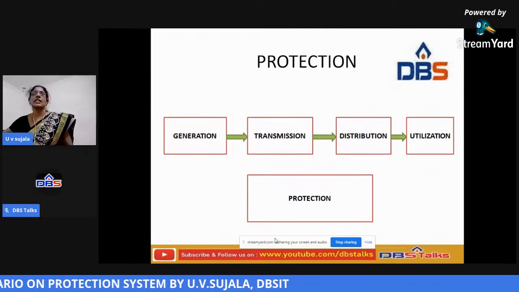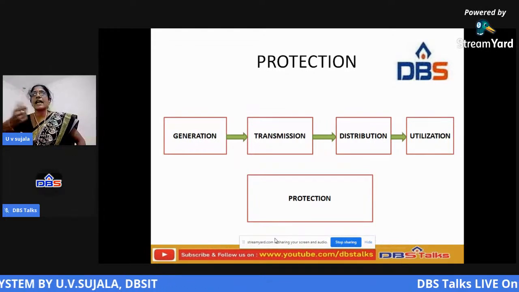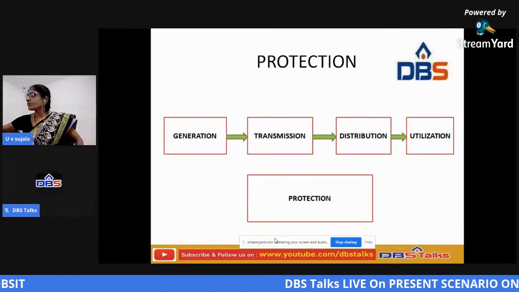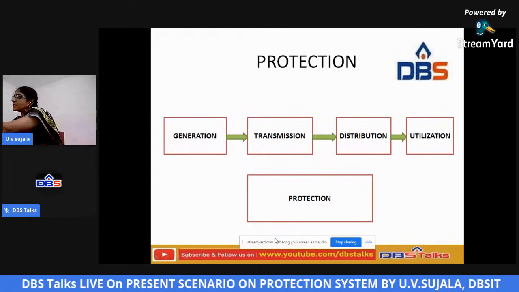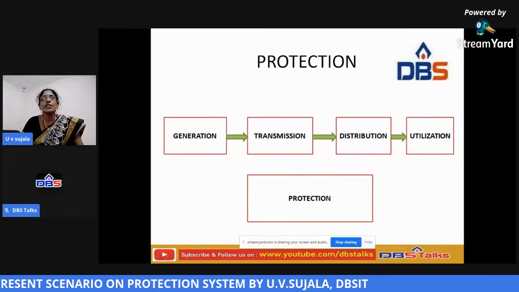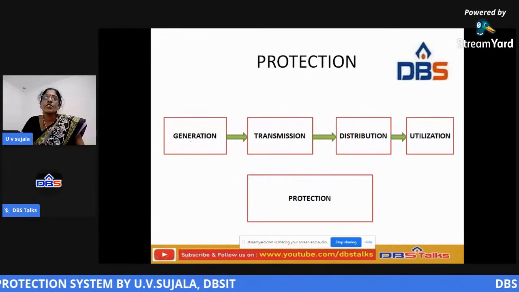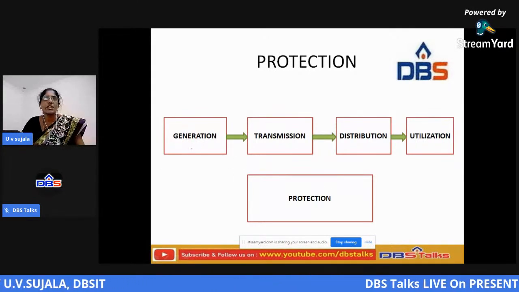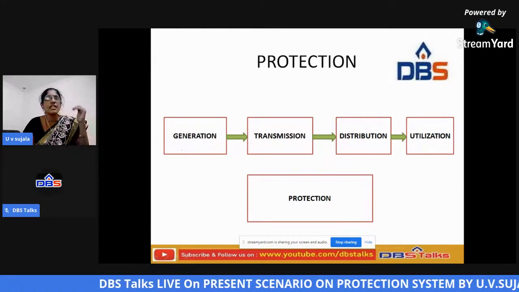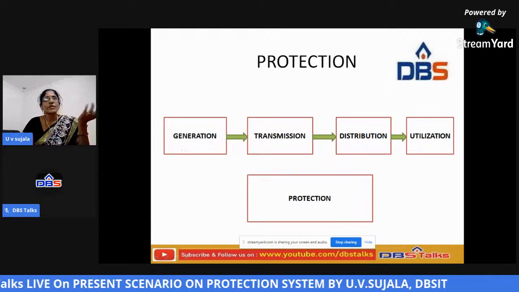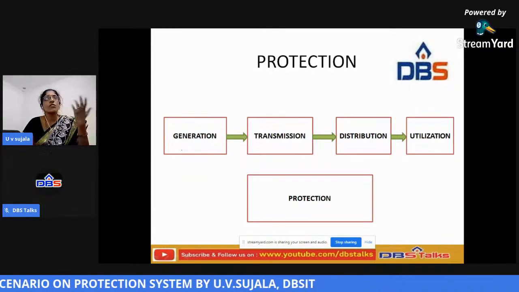We all know that it is about generation, transmission, distribution, and utilization. When you take the generator system, we all know that there are conventional and non-conventional sources, that is thermal, nuclear, solar, whatever it may be.